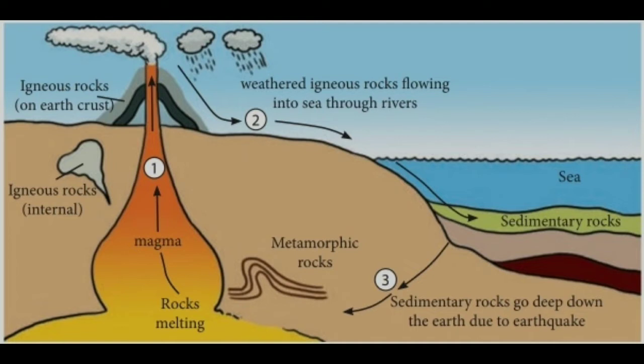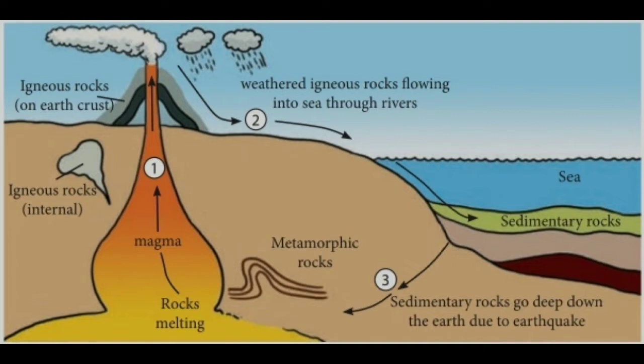Then because of the earthquakes, these sedimentary rocks go deep down into the earth, and igneous rocks also go deep down because of earthquakes. Deep down in the earth there is very high temperature, more than 5000 degrees Celsius.